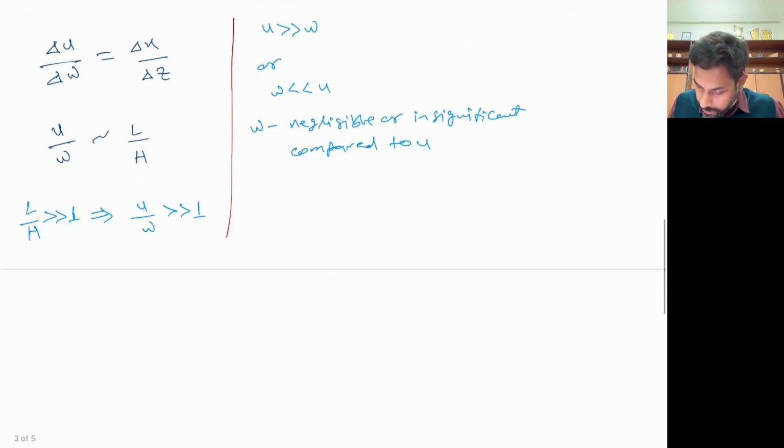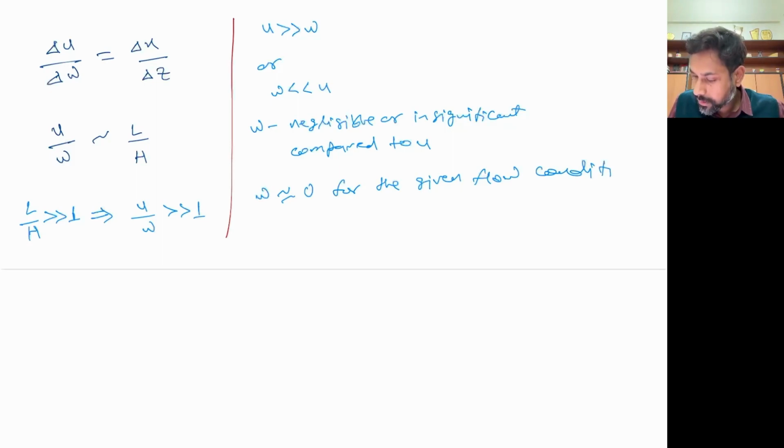And that is why we can assume w to be almost equal to 0 for the given flow condition.